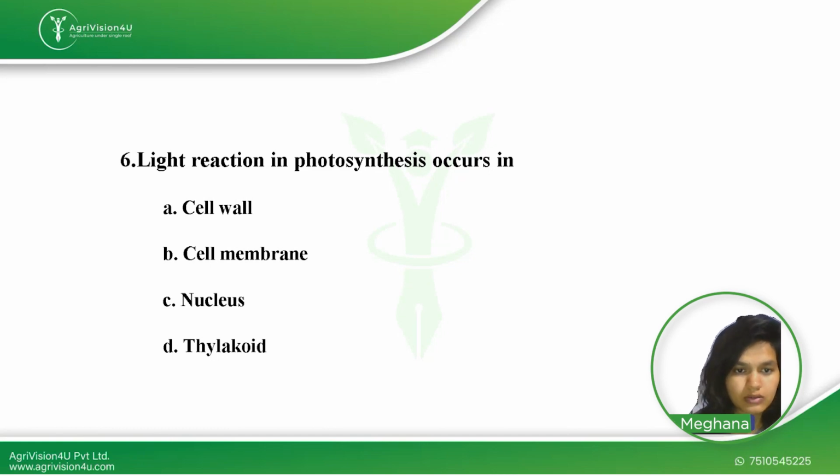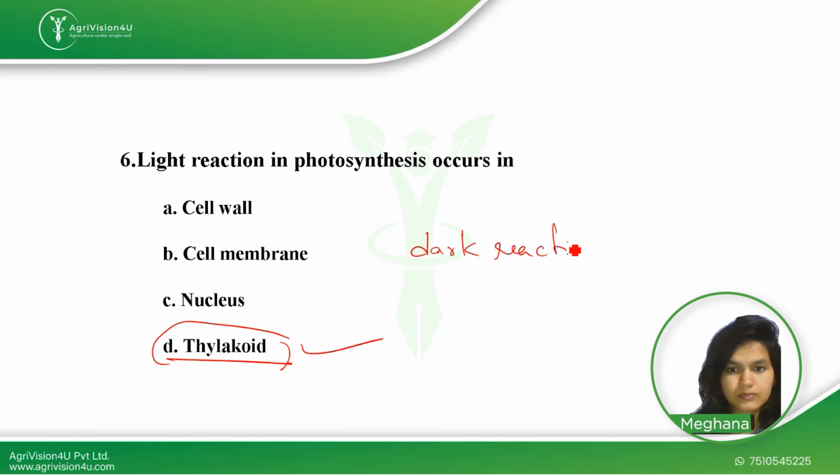Usually this light reaction happens in the thylakoid. So option D is the right answer. Whereas the dark reaction happens in the stroma.